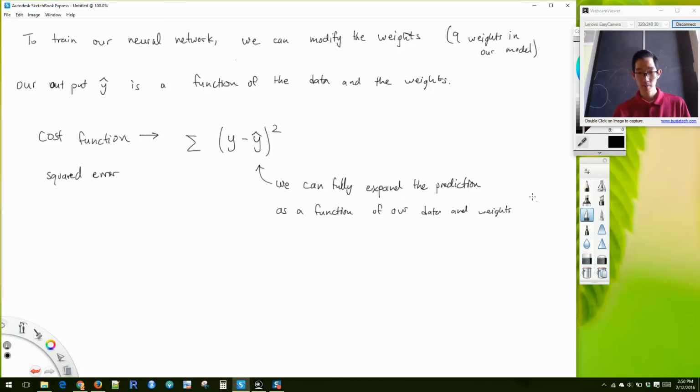Really we'll treat our data as fixed, and that's what we'll do.